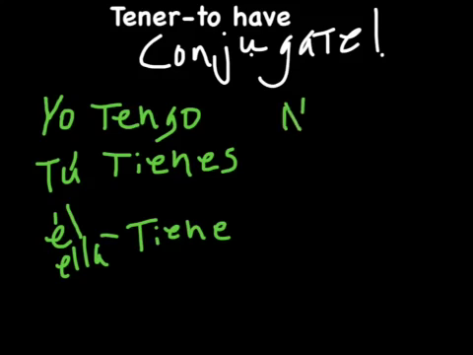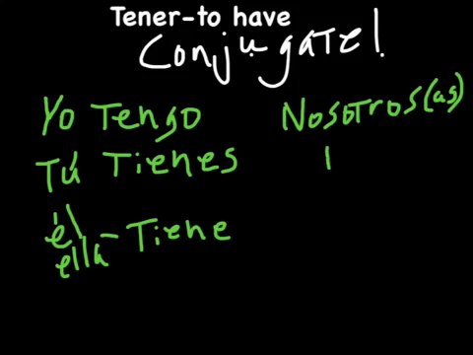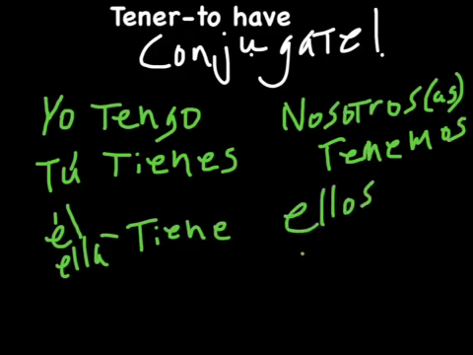In the nosotros, nosotras form, it becomes tenemos. And then in the ellos, ellas, and ustedes, it becomes tienen.